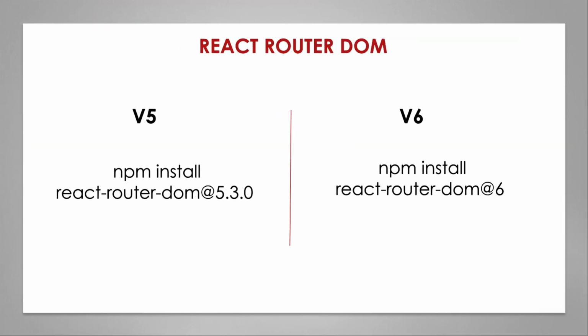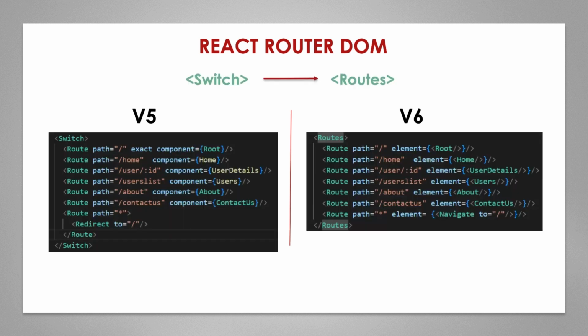Let's quickly recap the differences we have seen so far between version 5 and version 6. We started by installing the latest version using the command npm install or npm i react-router-dom@6. Next, we saw that there is no requirement to use switch in version 6 because the algorithm is more intelligent compared to version 5.